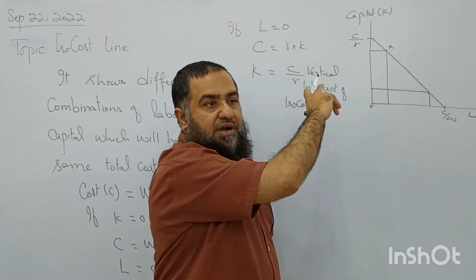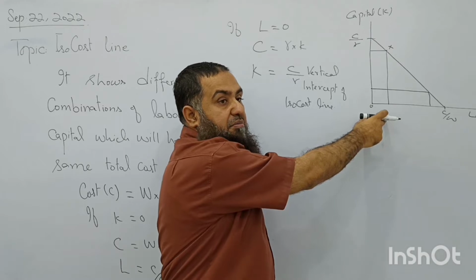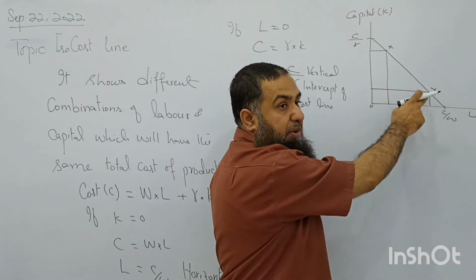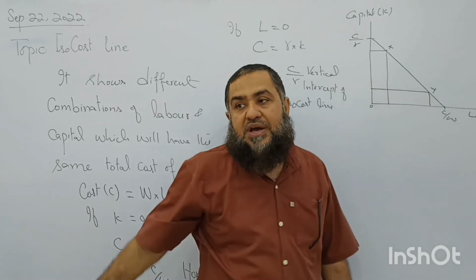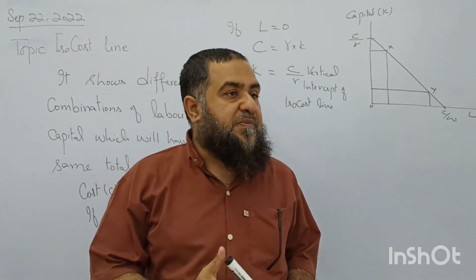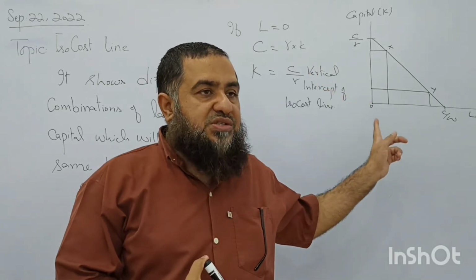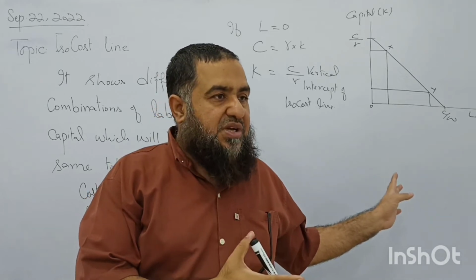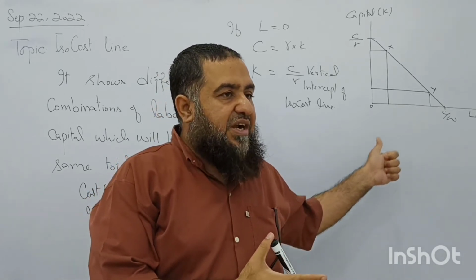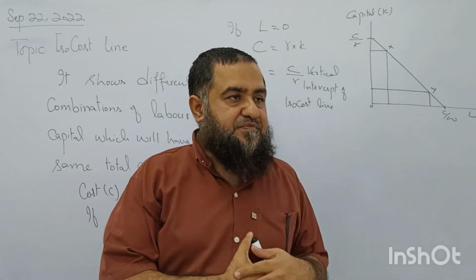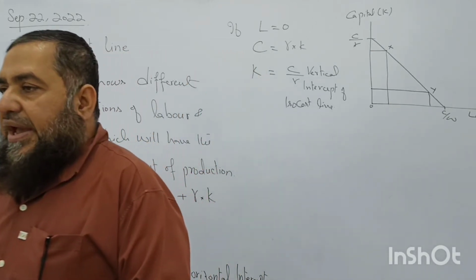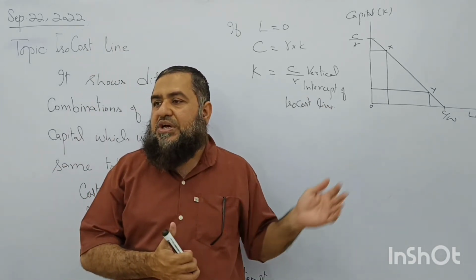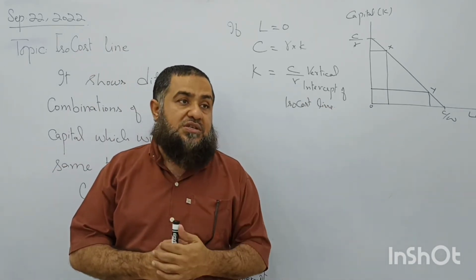More capital is employed and less labor, but the total cost will remain the same even if the producer is employing more labor and less capital at point Y. So all the points along this isocost line are equally affordable by the producer within the given wage rate and the rate of interest of capital. Clear? Yes. Any point above this cost line cannot be afforded by the producer. He has to increase his total cost otherwise.